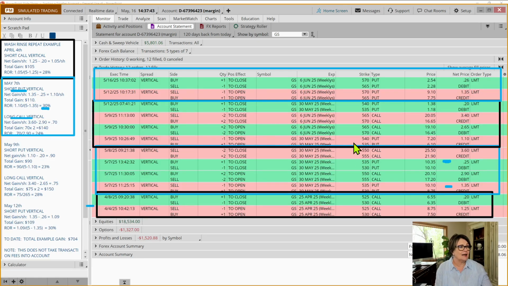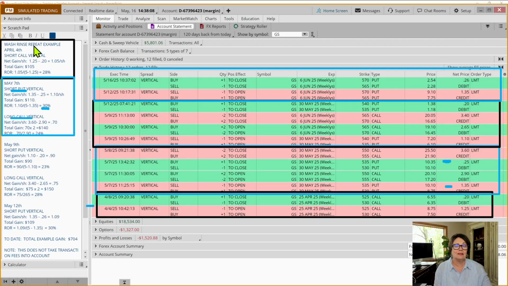Then on the 9th, we placed another short put vertical and another long call vertical trade, both bullish, and we ended up out of those relatively quickly. And then on the 12th, we placed another short put vertical trade, and that hit our target to get out at 80% of our max gain today, which is the 16th of May.